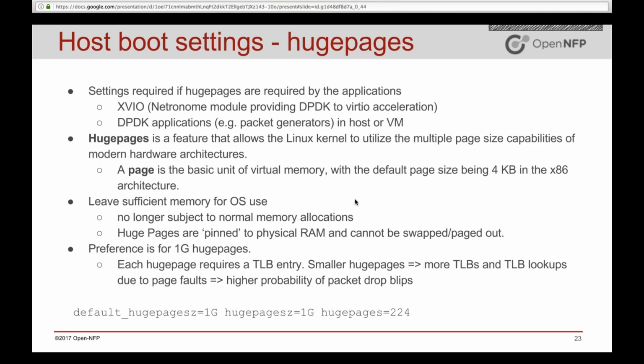Linux allows you to allocate huge pages in different sizes, and it's advantageous to use larger huge pages, because when the system needs to map a virtual address to a physical address, it has to do a lookup.